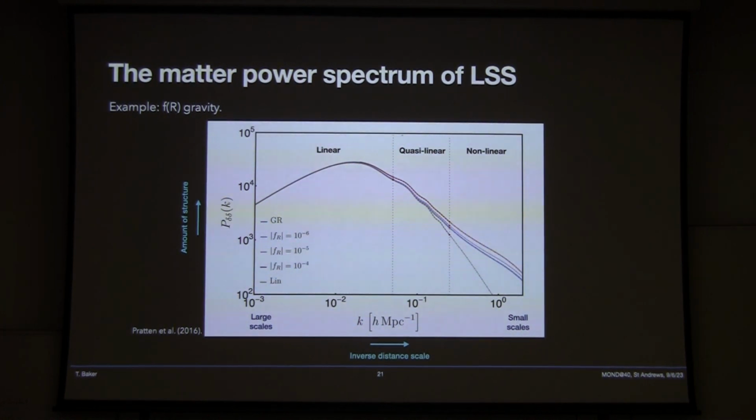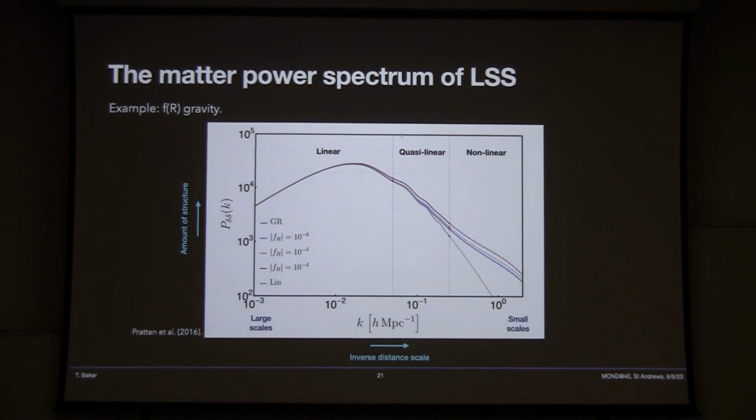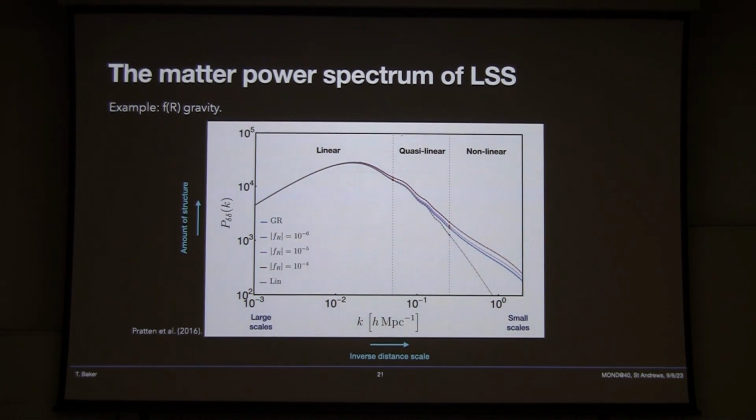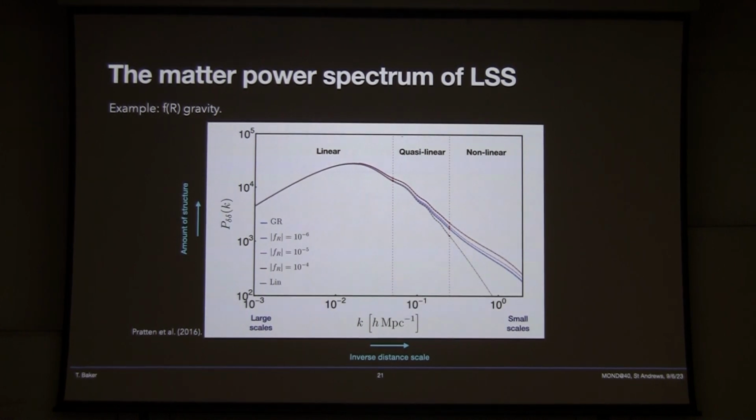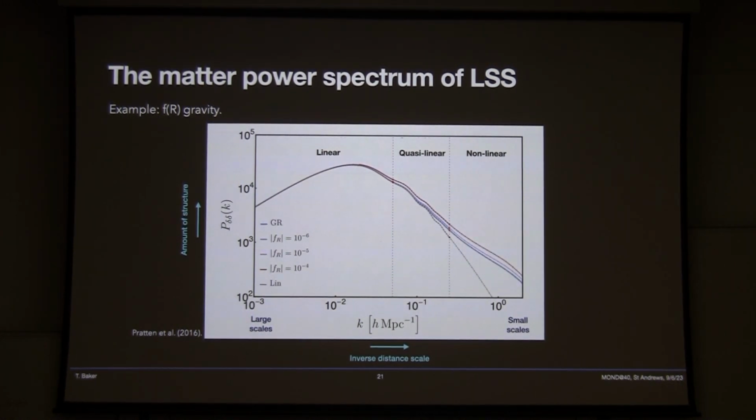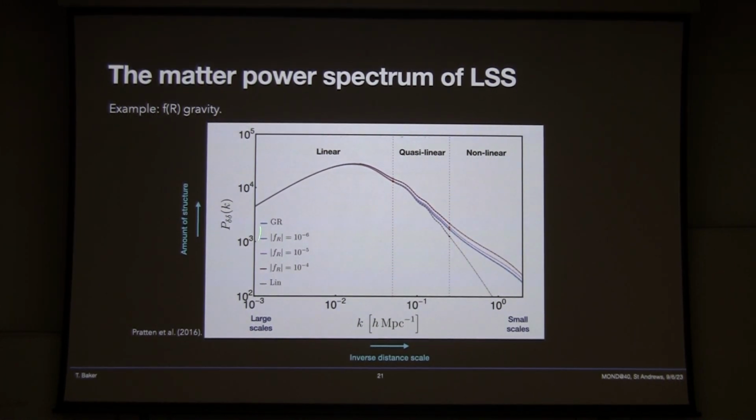When we talk about large-scale structure, we talk about a division between linear and non-linear regimes. Okay, so this is a matter power spectrum, and I am assuming just standard dark matter today. And so we look at this in Fourier space, so large scales on the left, the regime that is well described by linear cosmological perturbation theory.